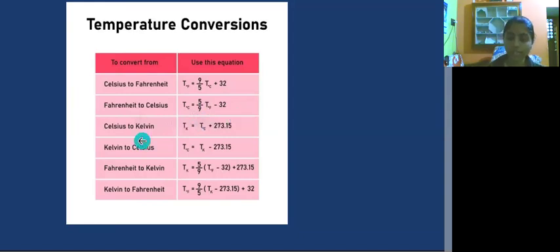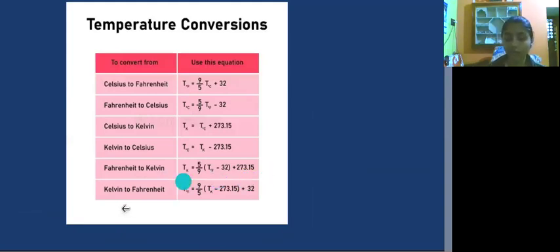For the conversion of Celsius to Kelvin, we have temperature in degrees Celsius plus 273.15. For the conversion of Kelvin to Celsius, we have temperature in Kelvin minus 273.15, which gives temperature in degrees Celsius. Next, we have Fahrenheit to Kelvin: 5/9 times (temperature in degrees Fahrenheit minus 32), then plus 273.15 gives temperature in Kelvin.